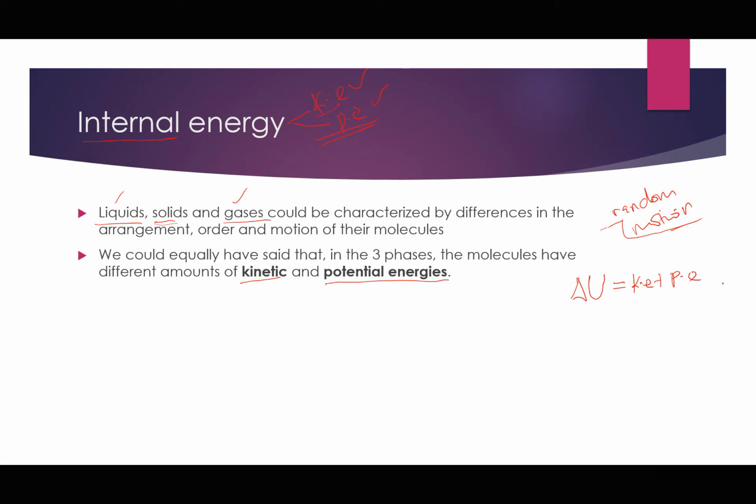That's why we say it's the sum of the random distribution. The word random is extremely important. Random distribution of the kinetic. It is the sum. That's why I've put an addition sign here. The sum of the random distribution of the kinetic and the potential energies of all the molecules which make up that system.